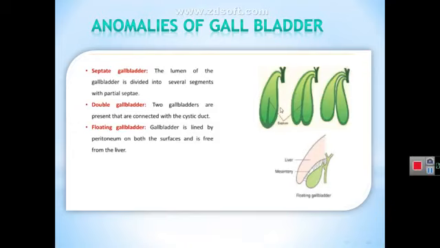The lumen of the gallbladder is divided into several segments with partial septi. Double gallbladder. Two gallbladders are present that are connected with cystic ducts. A floating gallbladder. The gallbladder is lined by peritoneum on both surfaces and is free from the liver.